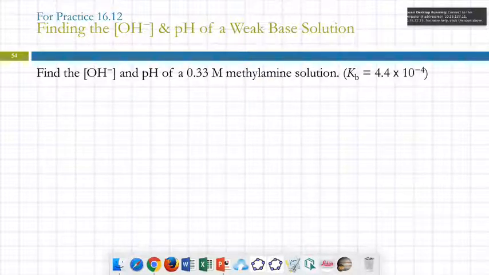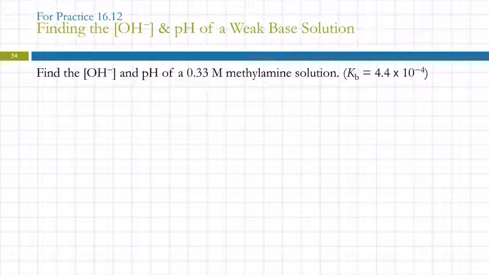It's probably a weak base. Over here, we've got Kb being given to us. That probably means it's a weak base, right? Because if it was an acid, it would probably be giving us a Ka, and the name would have acid in it. So I don't expect you to know how to draw the formula for methylamine or anything like that.